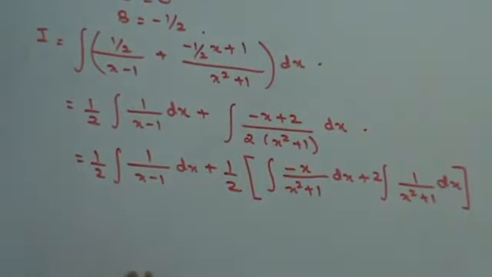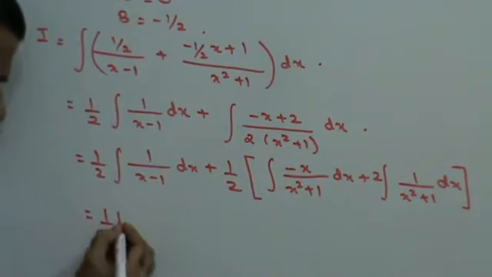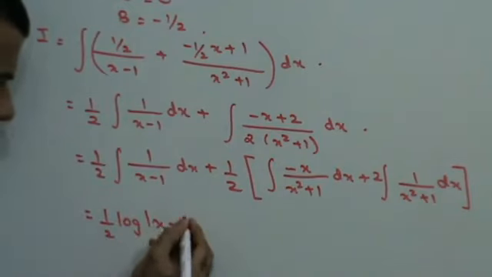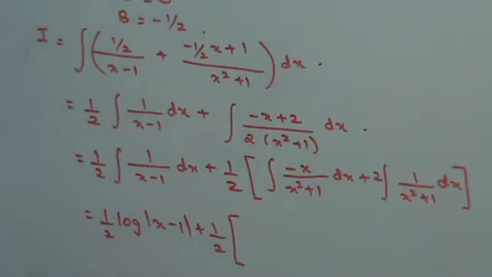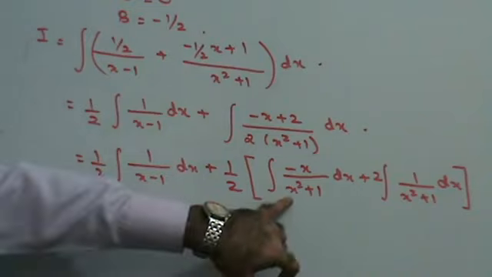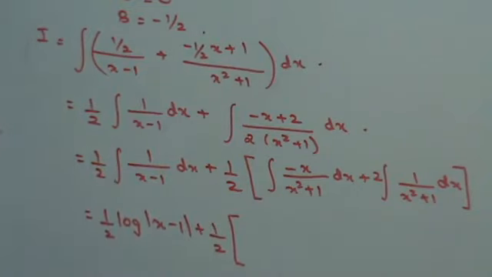Right? This can be written as 1 upon 2 log mod x minus 1 plus 1 upon 2. Now, the degree of polynomial in the numerator is less than that in the denominator. I can make the numerator to be the derivative of denominator. How? What is d by dx of x square plus 1? D by dx of x square plus 1 is 2x.